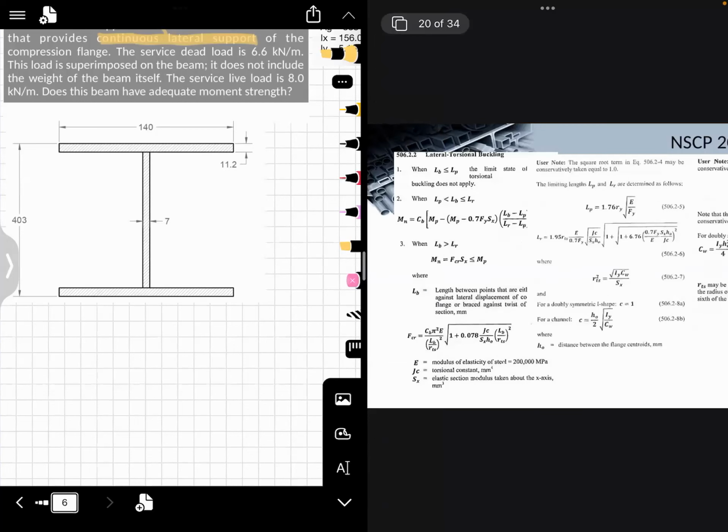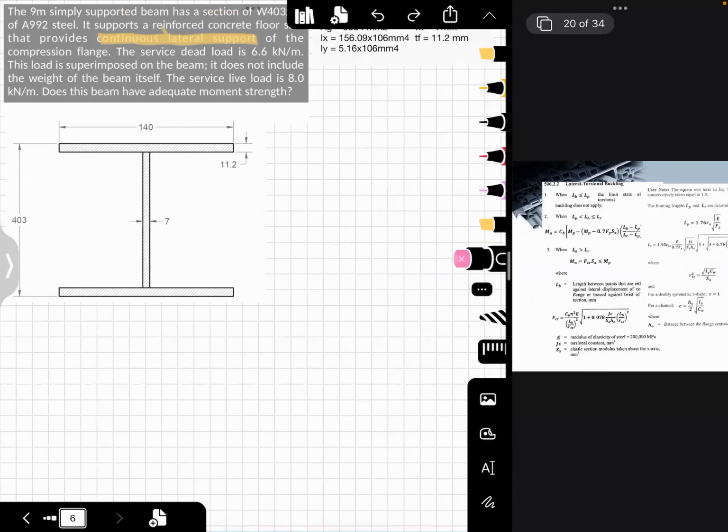So, di ba, sabi natin, if meron tayong continuous lateral support, I think I've discussed that. Pag meron tayong lateral support, ibig sabihin, walang lateral torsional buckling na mangyayari.